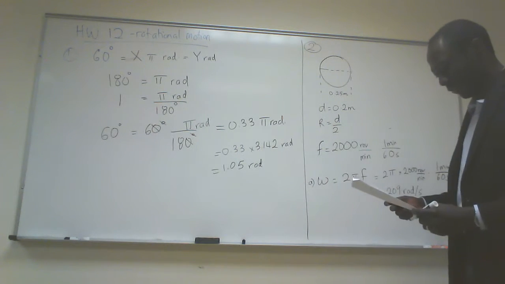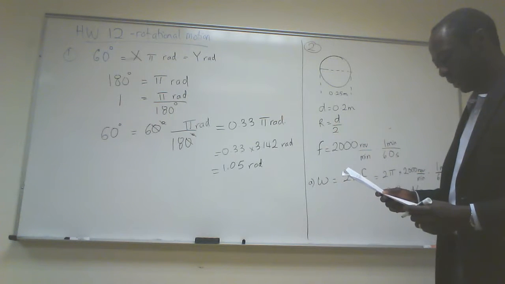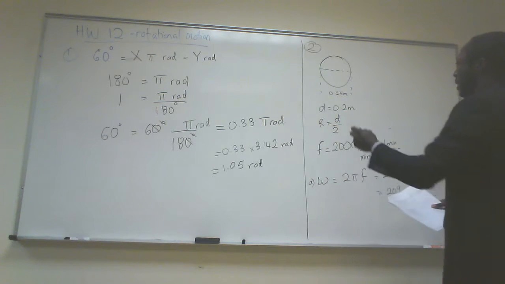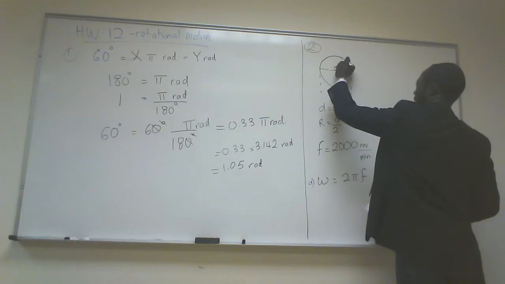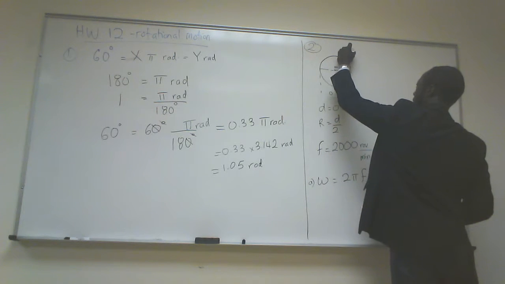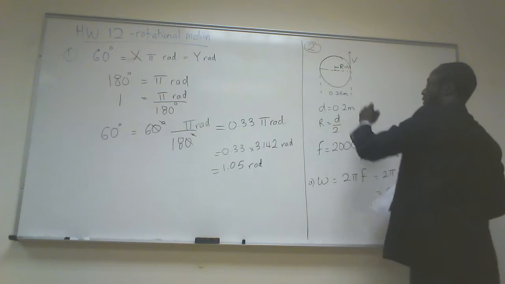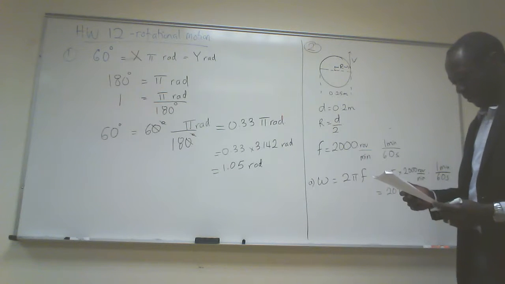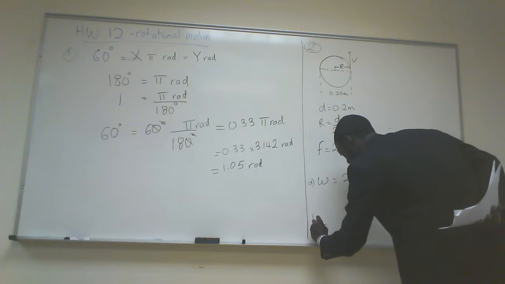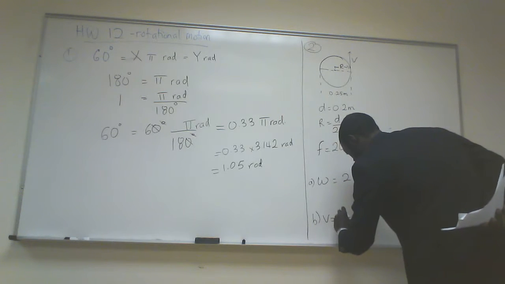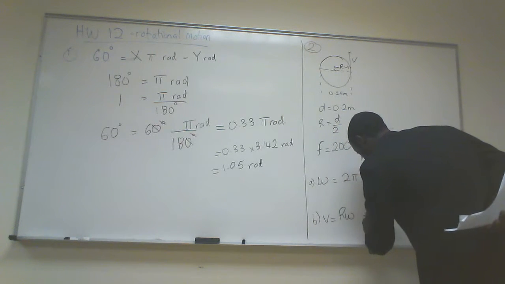For part B, we have to find the linear speed at a point on the edge of the grinding wheel. This wheel is rotating, and so at each point there is going to be some tangential speed v, and we know that the tangential speed v is equal to the radius times omega.